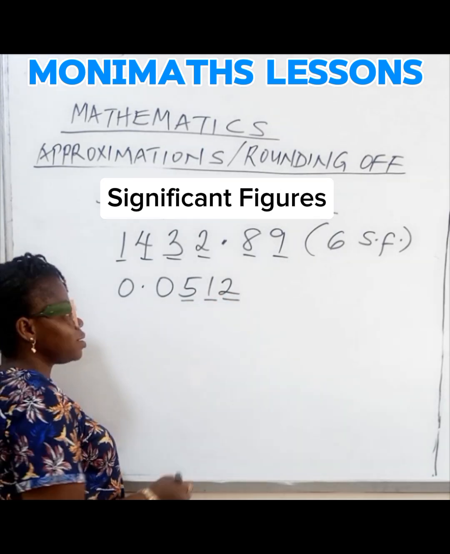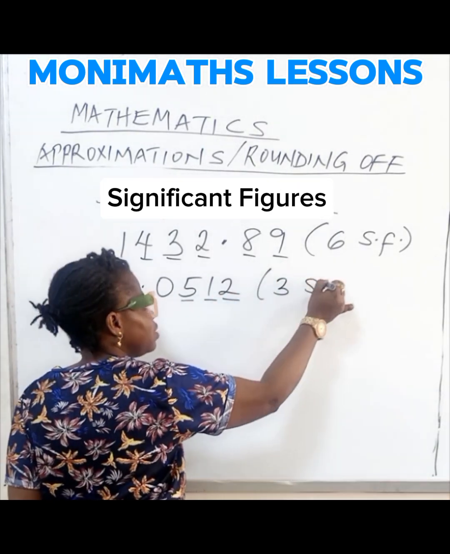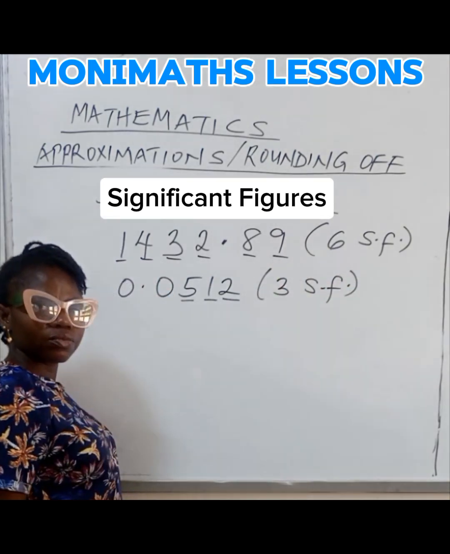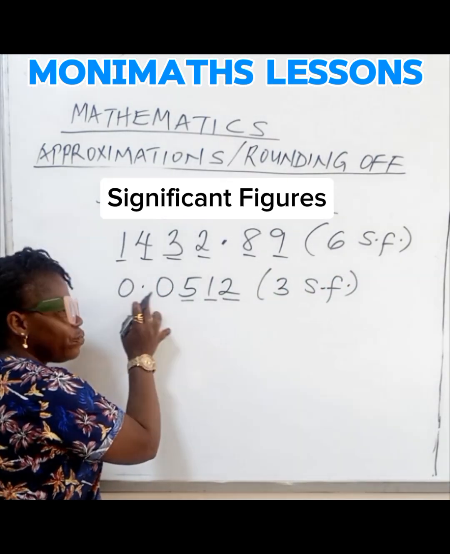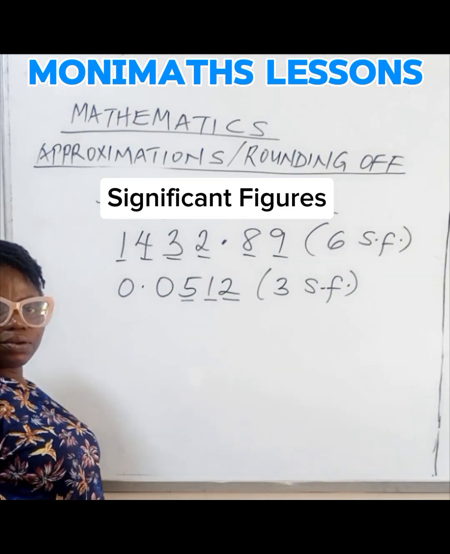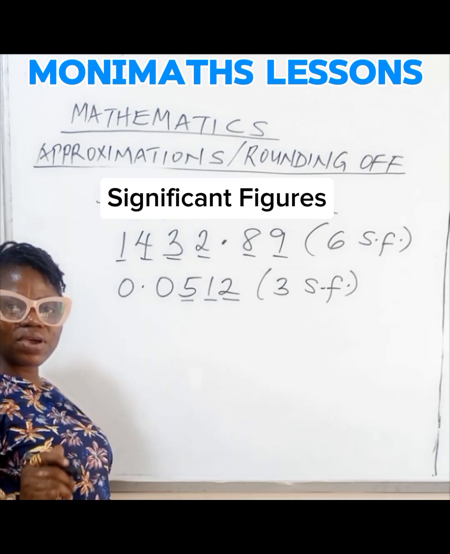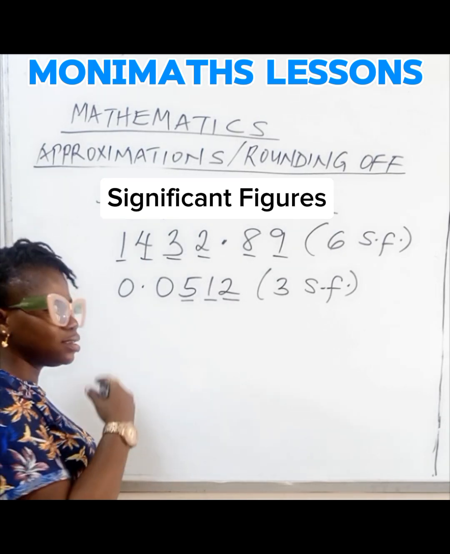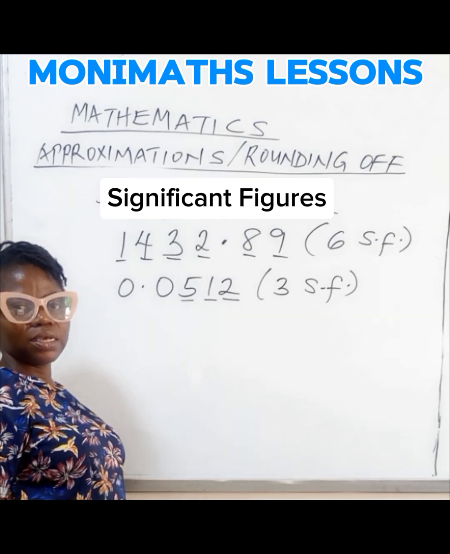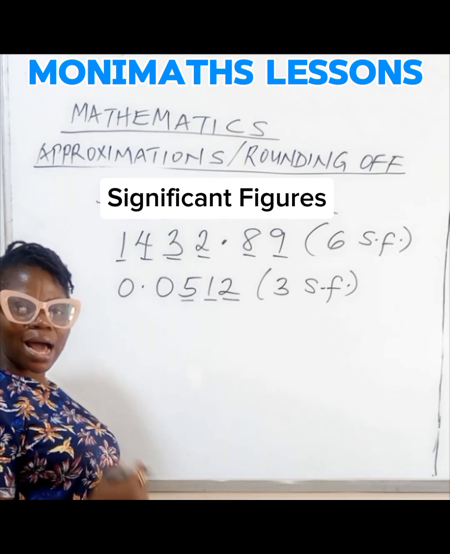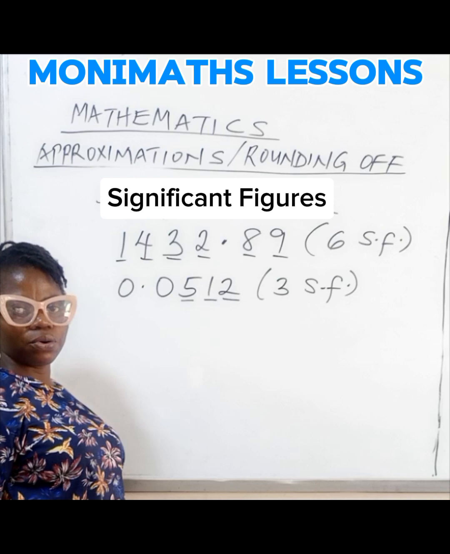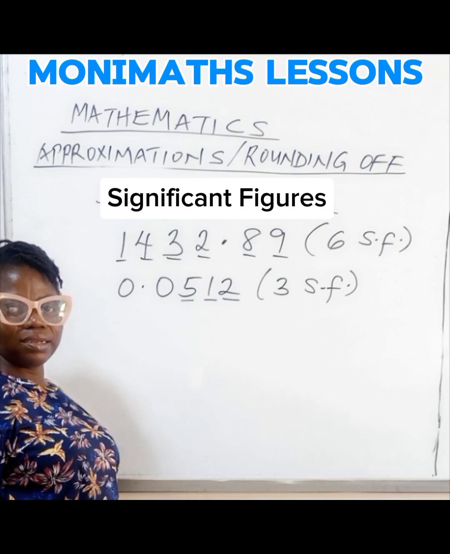So a number like this is to 3 significant figures. The first 2 zeros preceding 5 in this case are not significant. Their significance is just to mark the number of decimal places and not to mark significant figures. I hope you understand this.